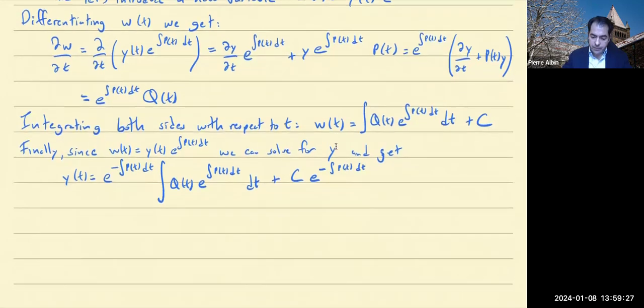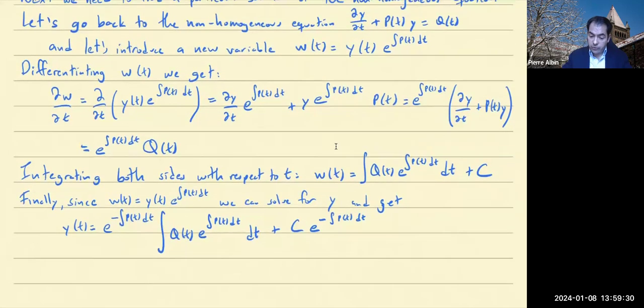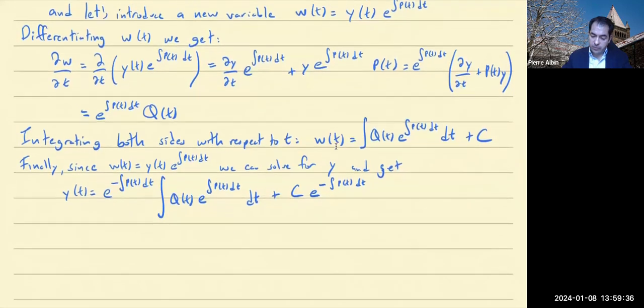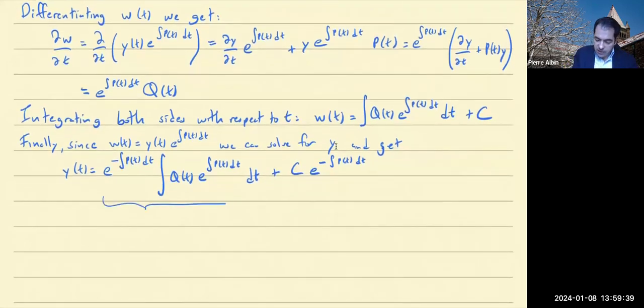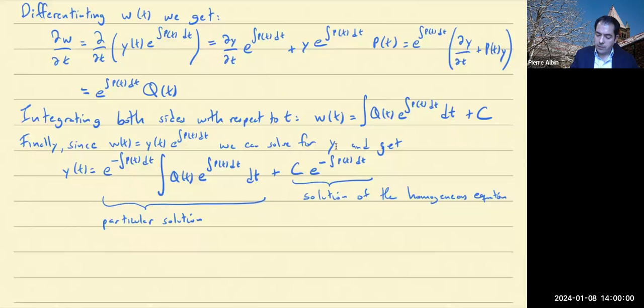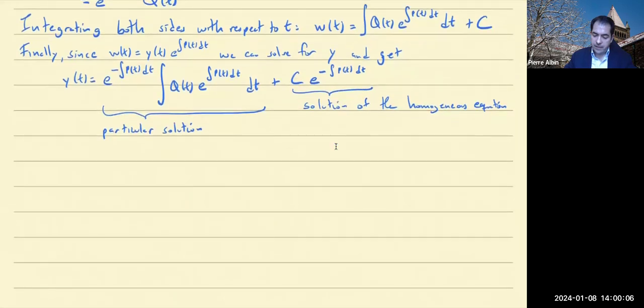Okay, so we have found the general solution to the non-homogeneous equation, right? And if we stare at what we've just written down, we see that this is a particular solution, whereas this is the general solution of the homogeneous equation. Okay. So this gives us a recipe.